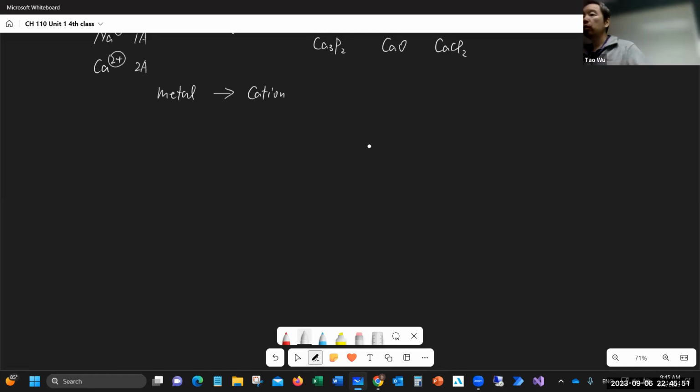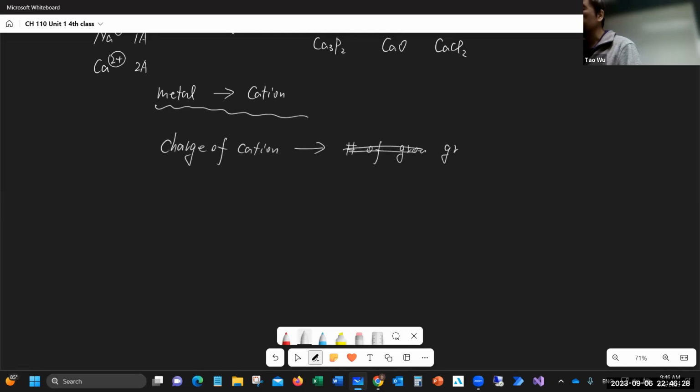For example, remember that metals always make a cation. This is what we're going to talk about more as new things. Metals always form a cation. Usually for the metals, the charge of the cation is just equal to the group number.